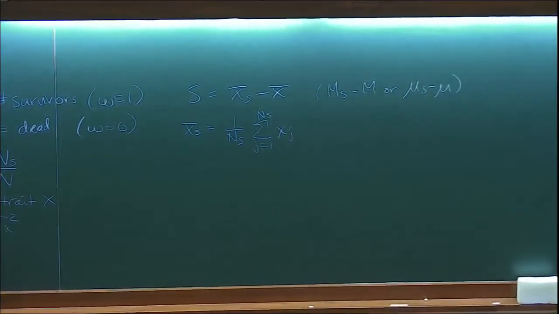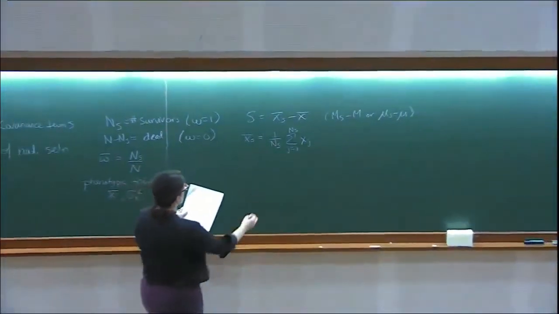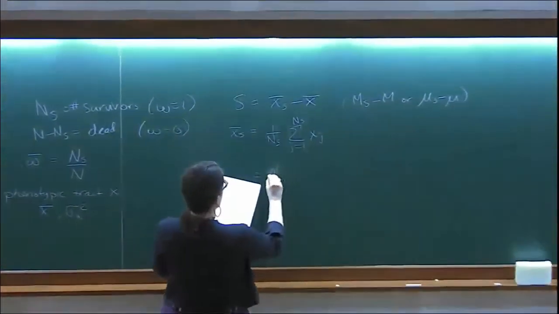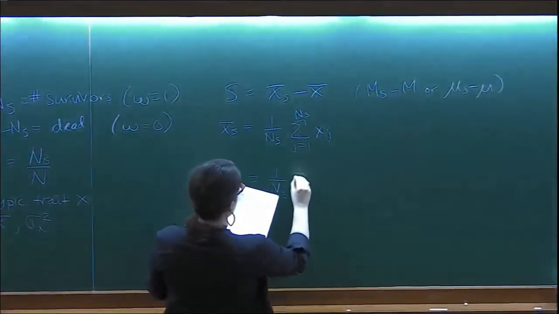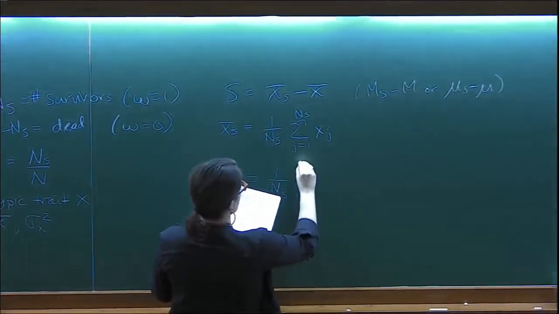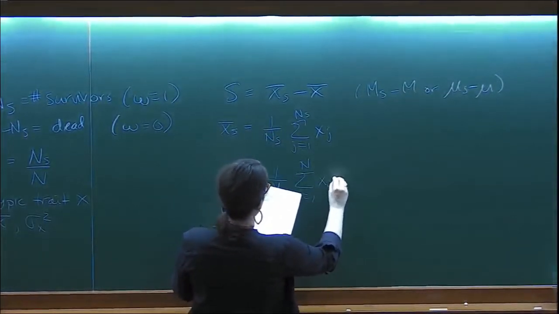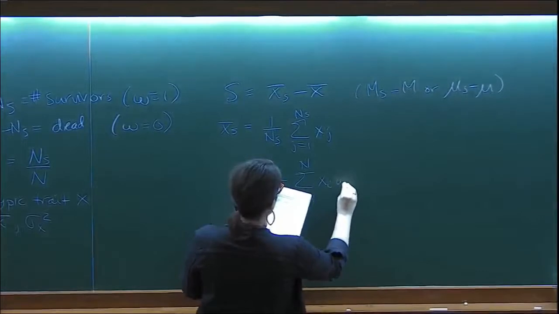And we can rewrite the equation for the mean of the trait in the survivors by just weighing the x's by 1 if they survive and 0 if they don't, so the fitnesses. So this is also this sum, each xi being weighed by the wi, right?